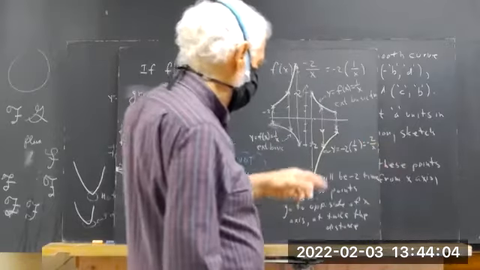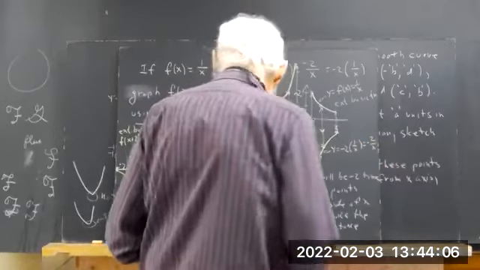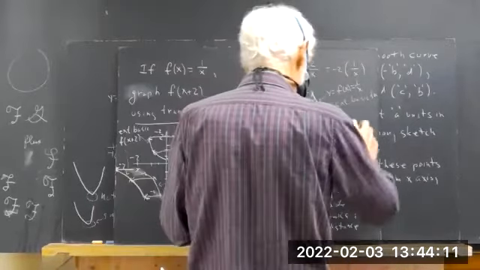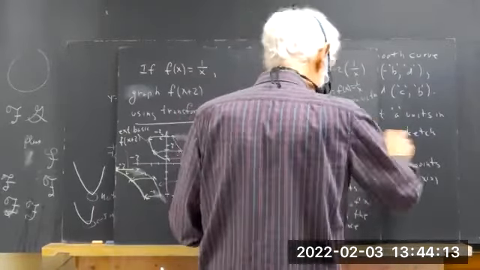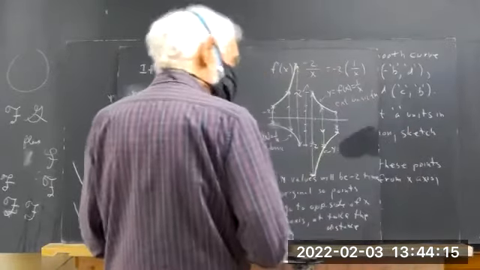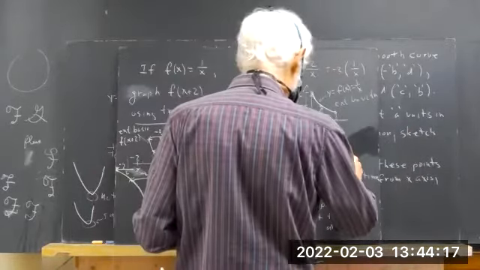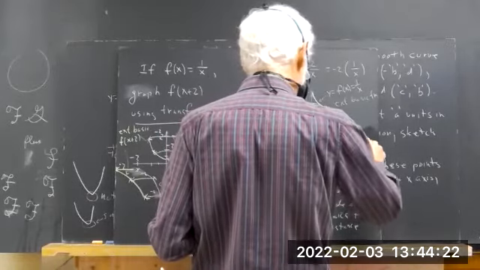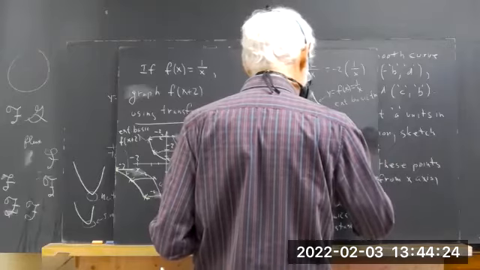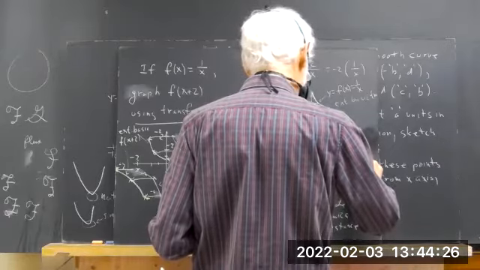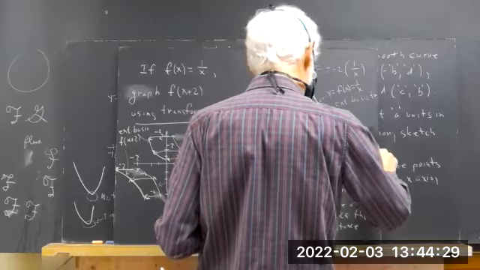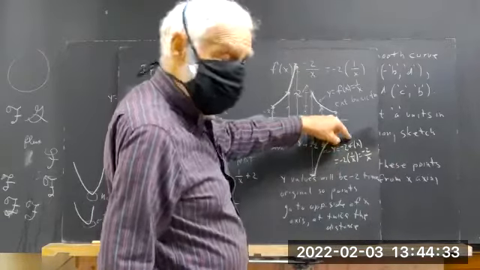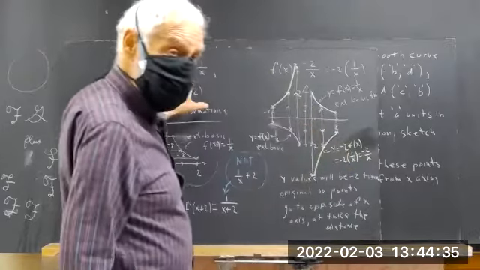I should give myself room. I never give myself room. Okay. y equals -2 f of x, and f of x is 1 over x.